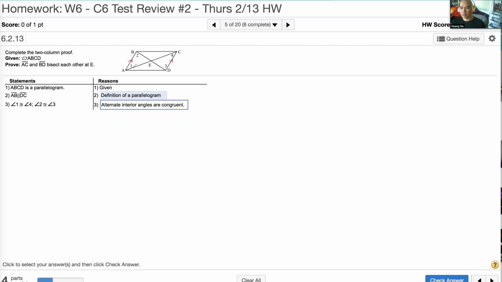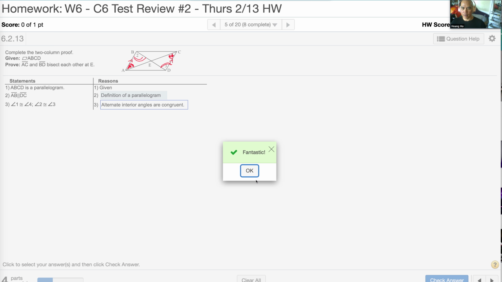So when you draw AC, the two angles, angle 1 right here and angle 4, are alternate interior angles. And similarly, you draw the diagonal BD, then you get angle 2 equals angle 3. All right. Let's check out the answer right here. All right, correct.